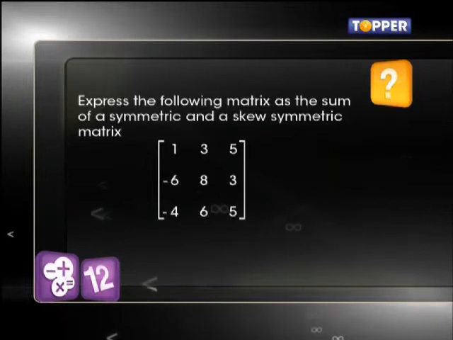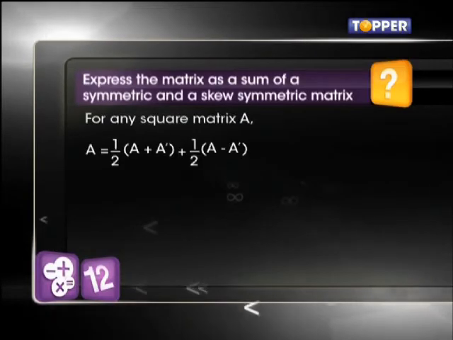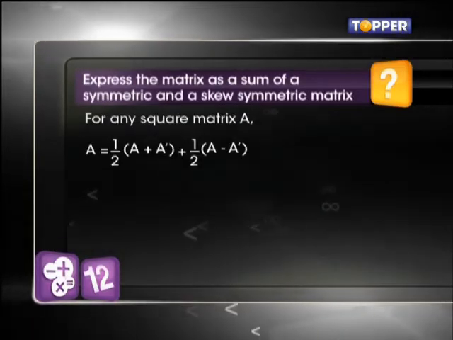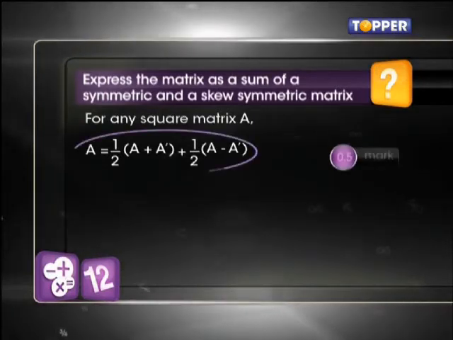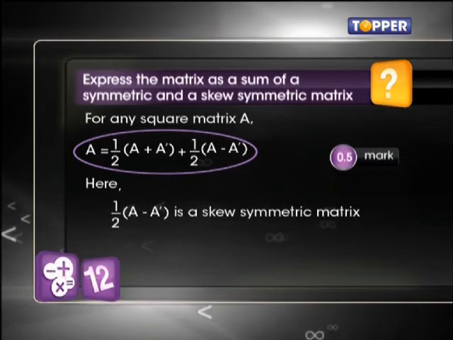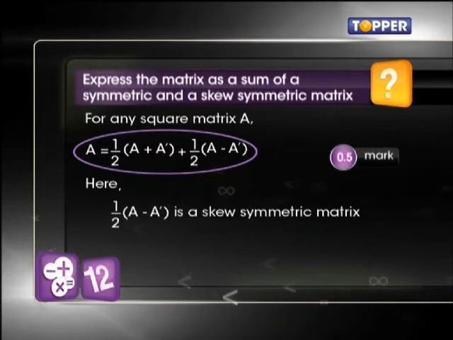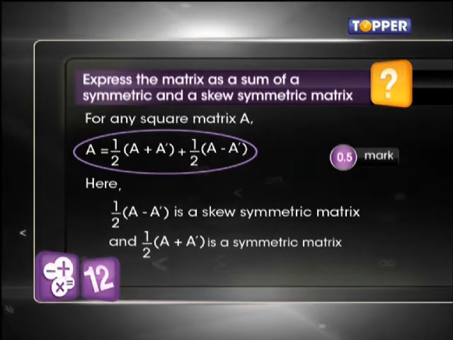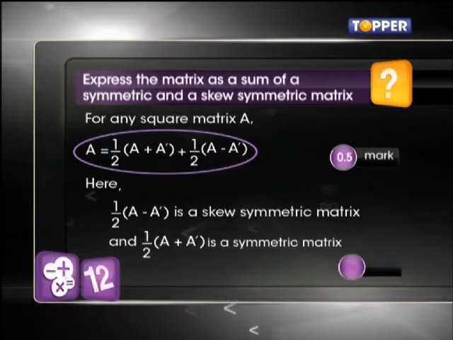Again, it could be asked as a 4-mark question this year. As we know, every square matrix can be expressed as the sum of symmetric and skew-symmetric matrices. Here, half of A minus A transpose is the skew-symmetric part and half of A plus A transpose is the symmetric matrix.